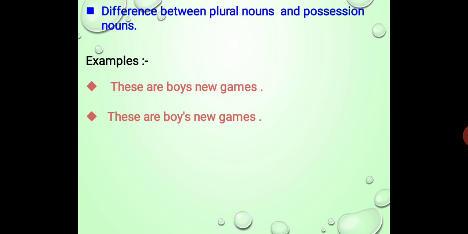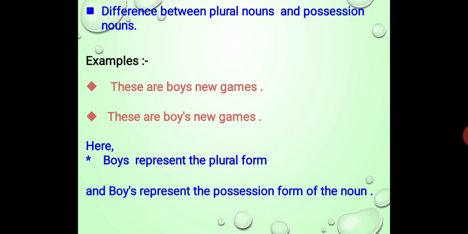Here in the first sentence, boys represent the plural form, and in the second sentence, boy apostrophe s represents the possession form of the noun. Means this is the way you identify which one is in the plural form and which one is in the possession form.